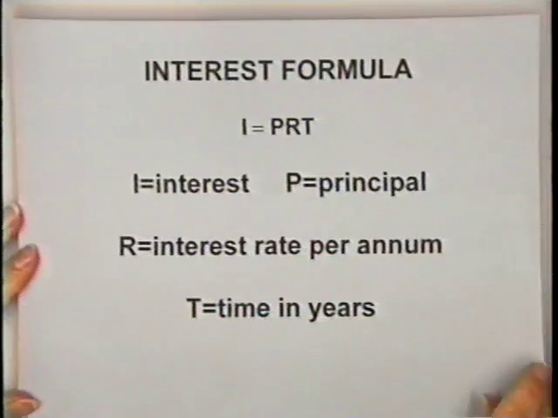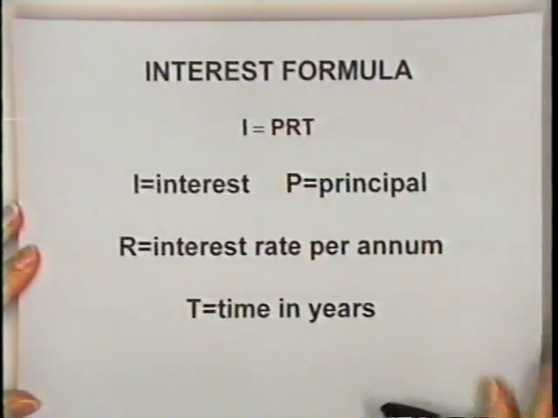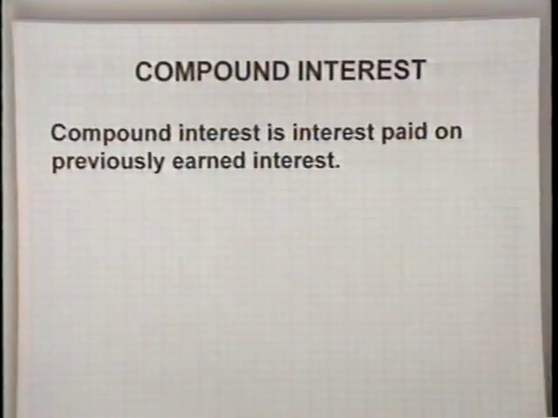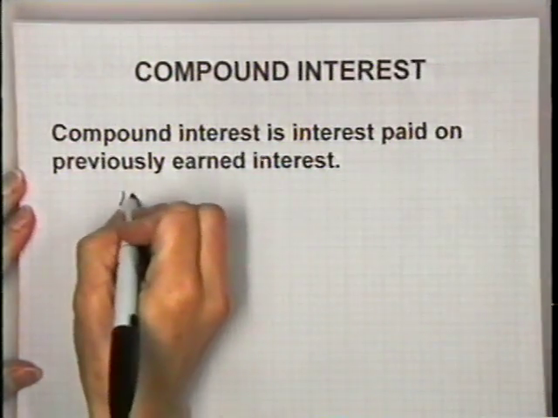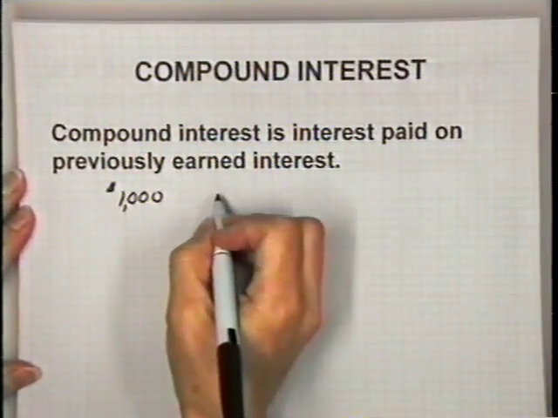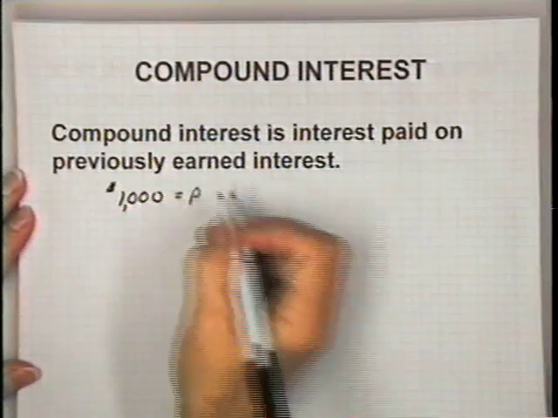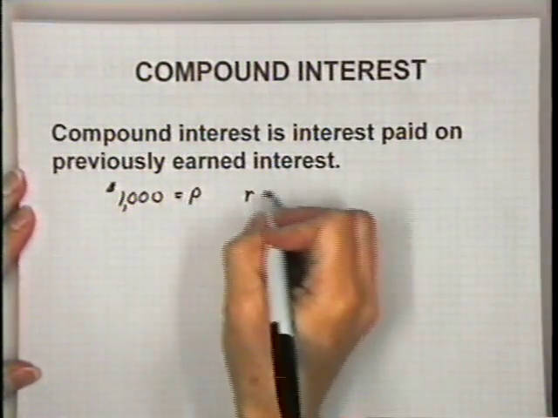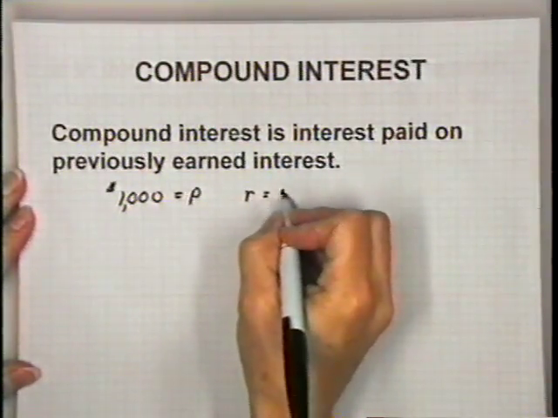Now I have for you a definition of compound interest. Compound interest is interest paid on previously earned interest. Now, just as a quick example, let's just say that we put $1,000 into an account, and so that's going to be our principal, that our annual interest rate, let's say, is 5%.